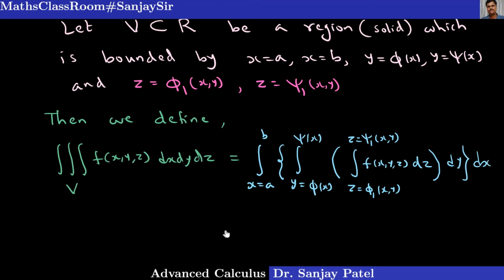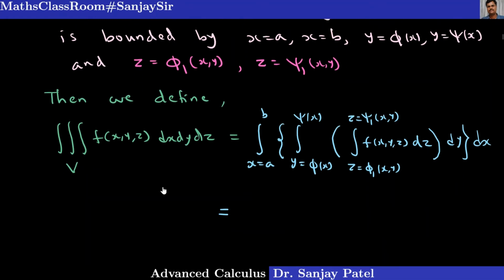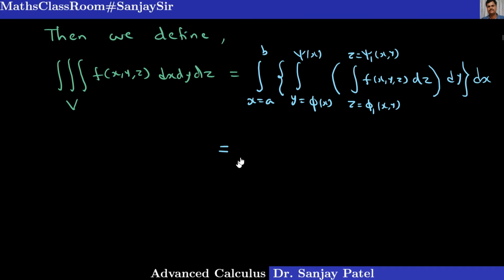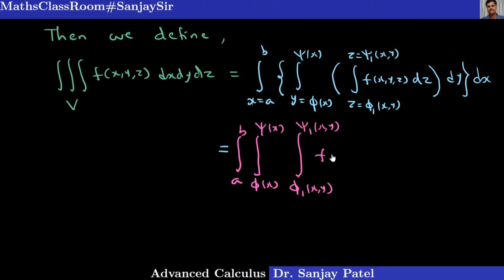So this is a repeated integral which can be expressed in the form, this can be written as the triple integral from a to b, then phi of x to psi of x, then phi 1 of x comma y to psi 1 of x comma y, f of x, y, z, dx, dy, and dz.